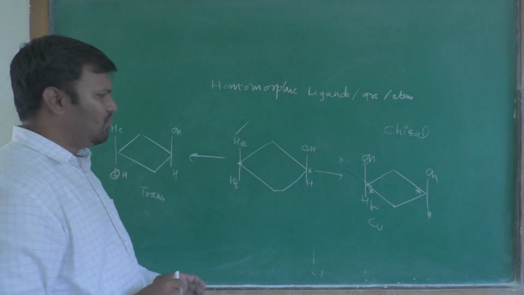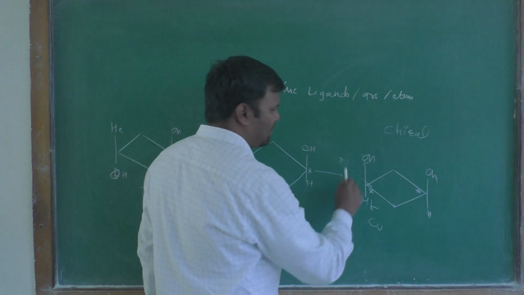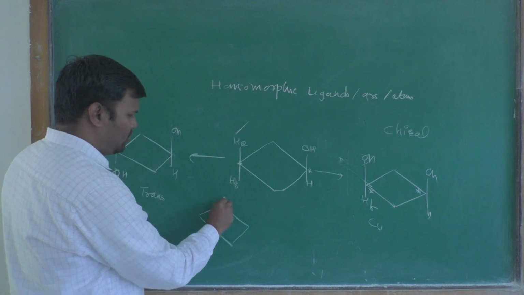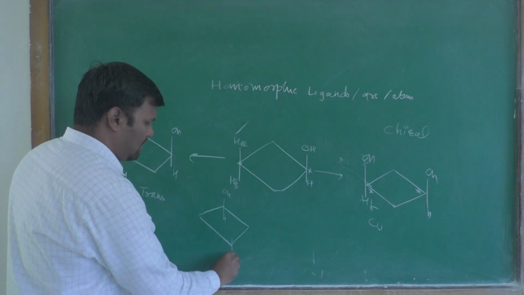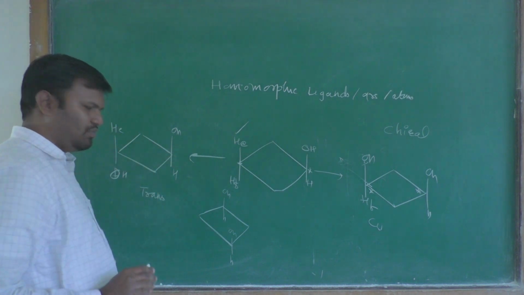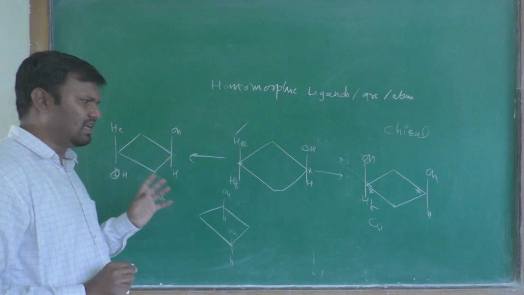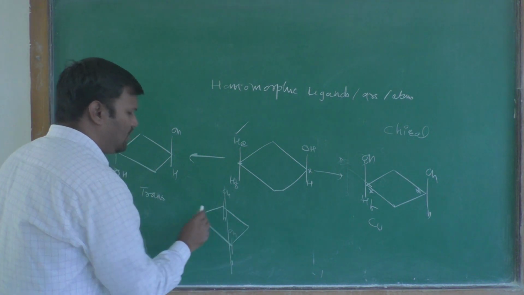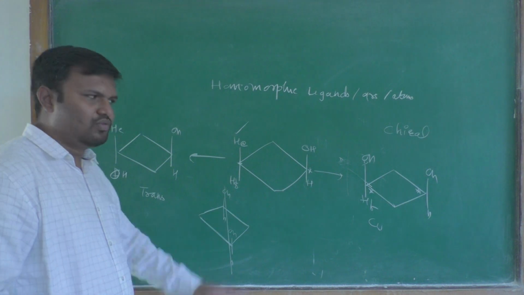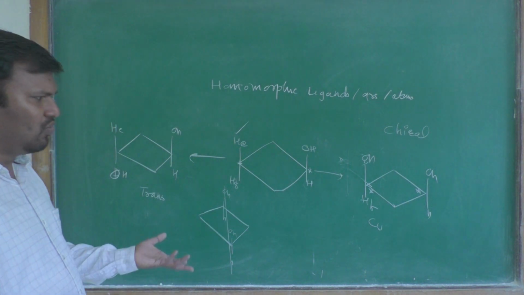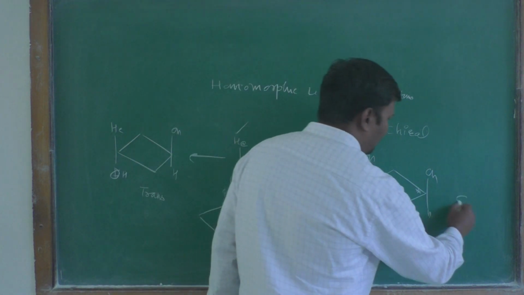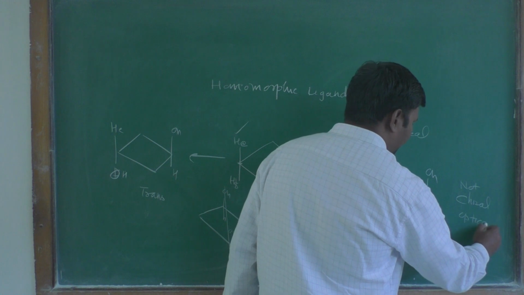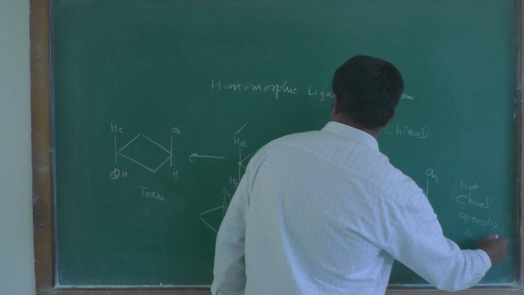But actually, when you pass the plane, if you write that compound like that, OH and hydrogen, and then OH and hydrogen, both compounds are optically inactive. When you pass the plane, the molecule is divided into two equal halves, and therefore the molecule is not optically active. Okay, therefore it is not a chiral molecule, optically inactive.